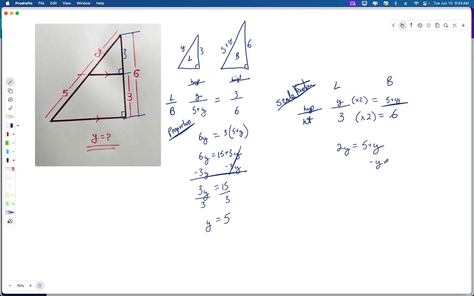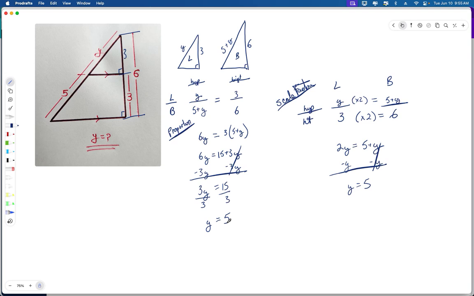So if I subtract my y here to get all of my y's on the same side, I have y is equal to 5. This is a much shorter method, but it requires a little bit more setup. So you have to think about it a little bit more on the front end to have fewer calculations, or you can do less of a setup thought process and do more calculations.